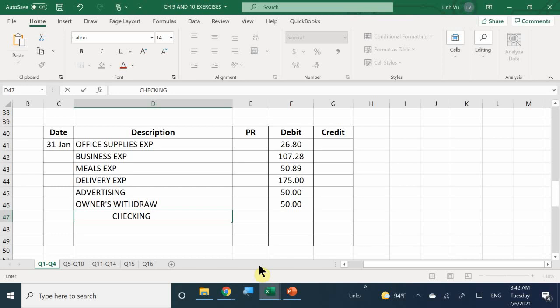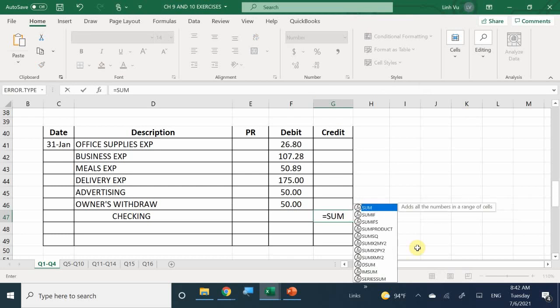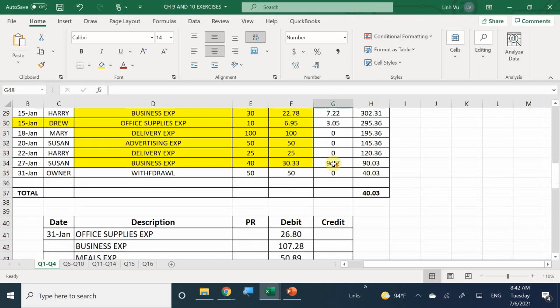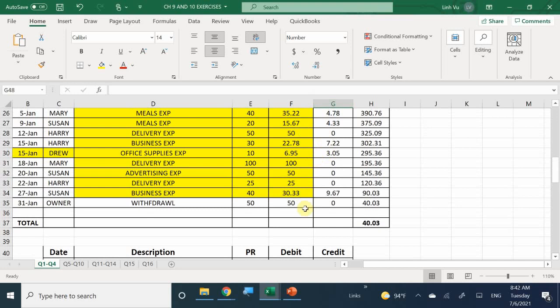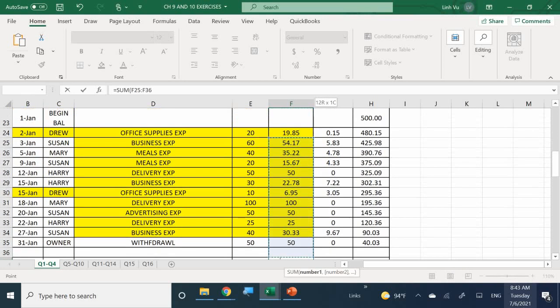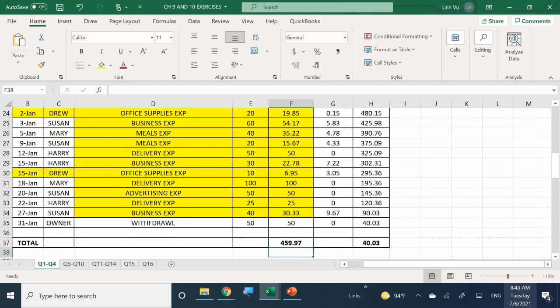So right now, how much in total receipts do I have in my petty cash drawer? $459.97. I was asking what was the total amount of receipts that we have in my petty cash drawer. And it's pretty simple, right? You're just going to count the total number of receipts that you have to get $459.97, right?